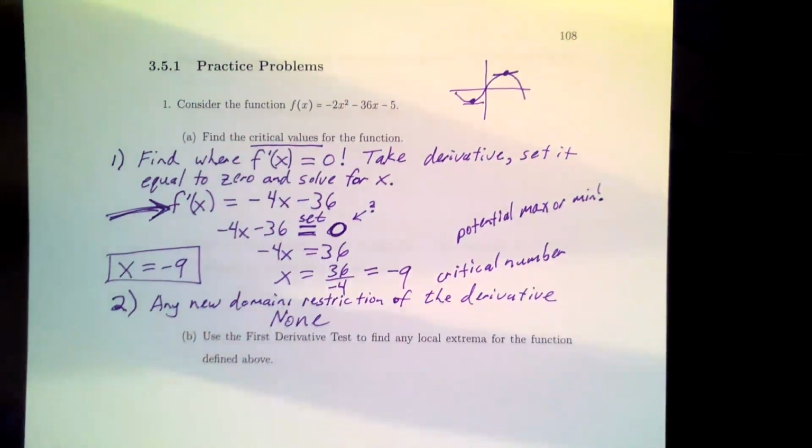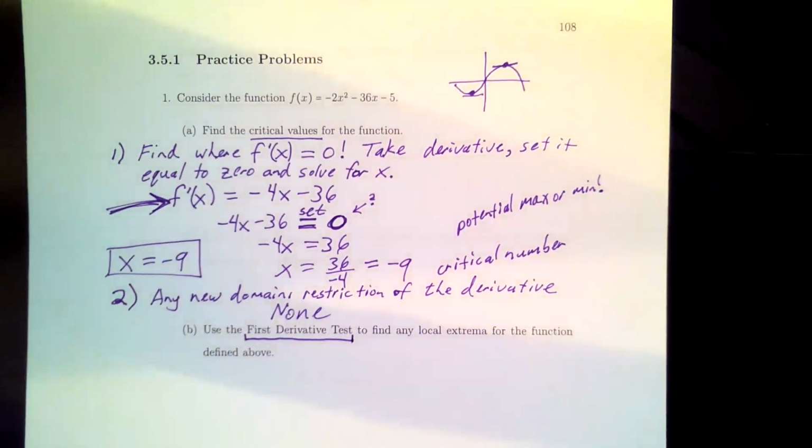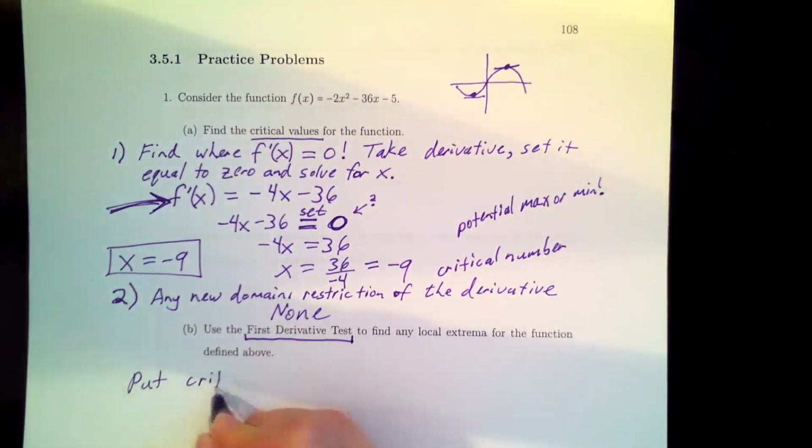And then we move to part B. This is where we actually do what's called the first derivative test. Now here it goes. The first derivative test says that you take your critical numbers and put them on a number line.